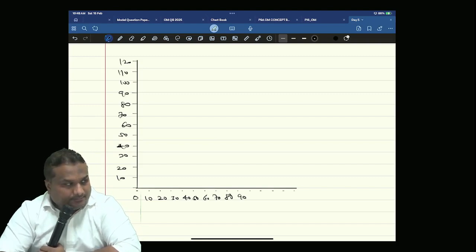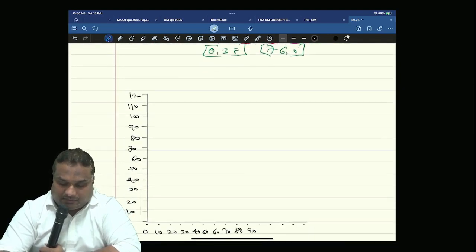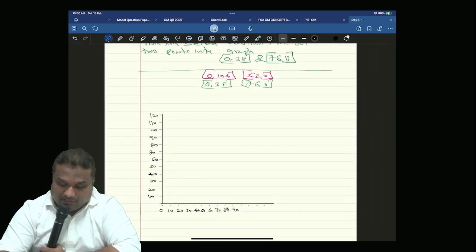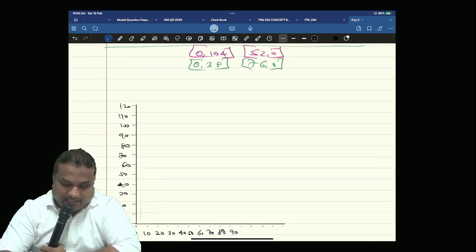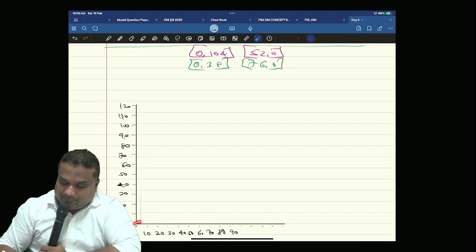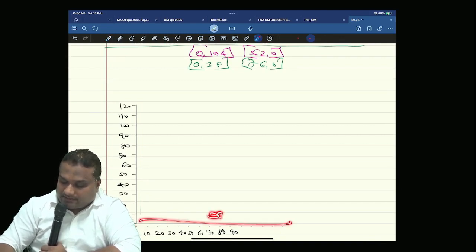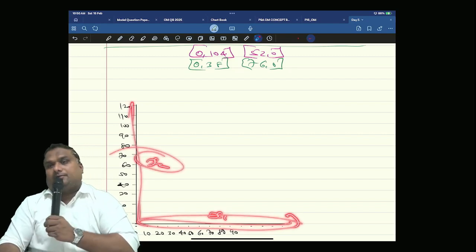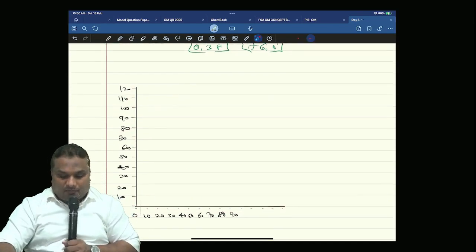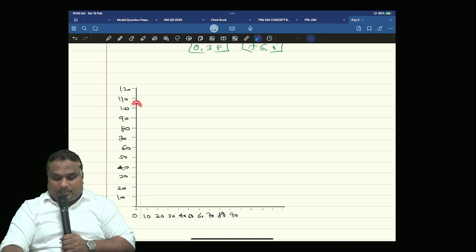Can I start? 0, 104 is the first point. This side is x1 and this side is x2. 0, 104 means in x it is 0, and in y it is 104. Here.